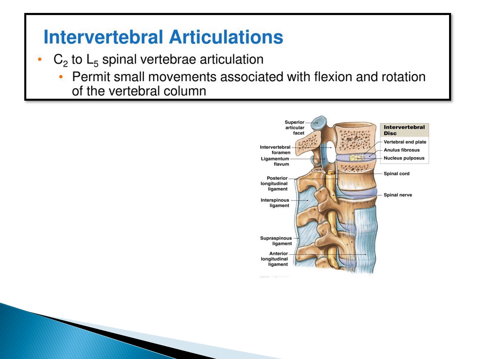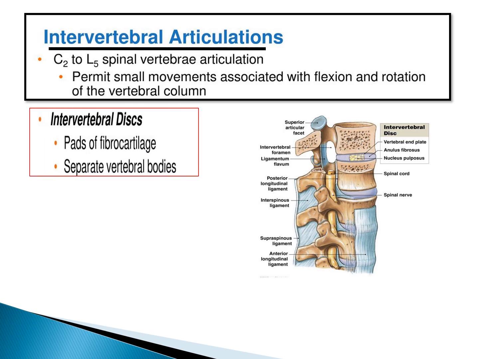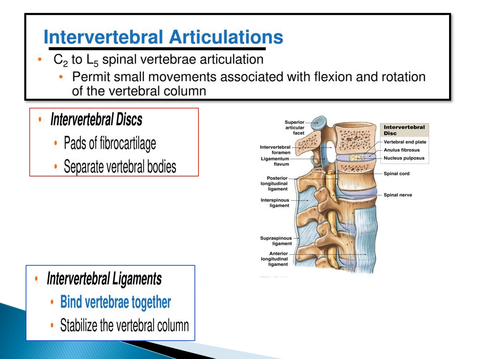Intervertebral joints, that is from C2 to C5, spinal vertebrae articulate. They permit small movements associated with flexion, extension and rotation. Intervertebral discs are pads of fibrocartilage that separate the two vertebral bodies.